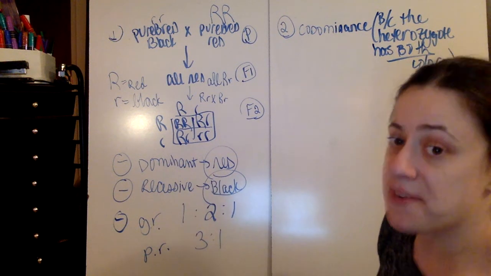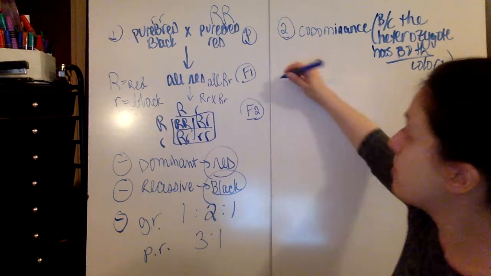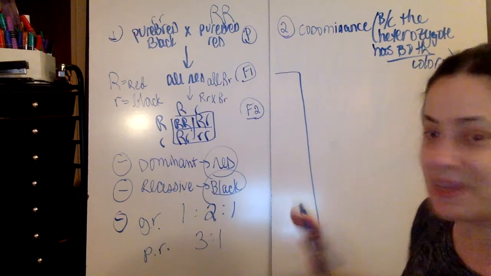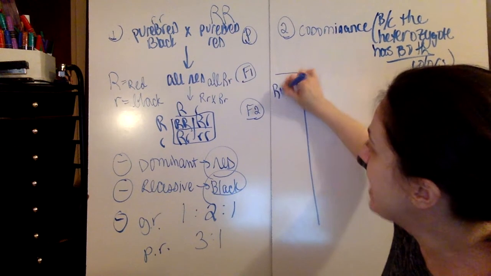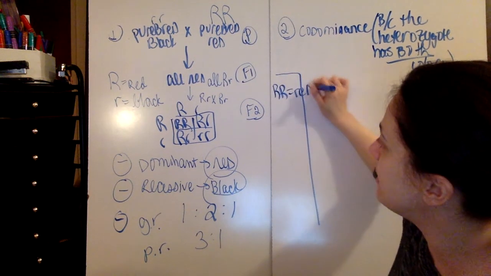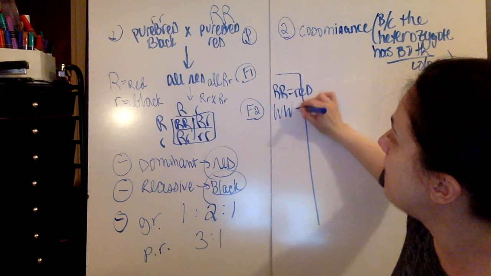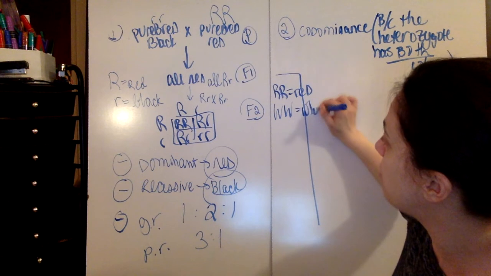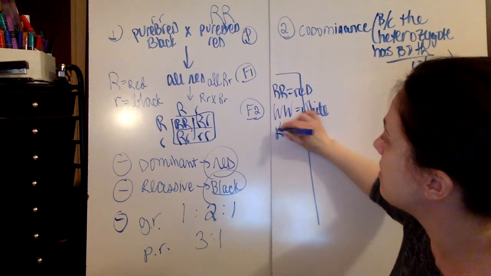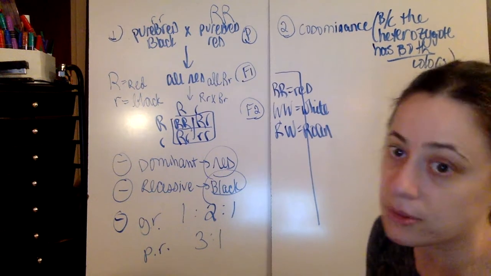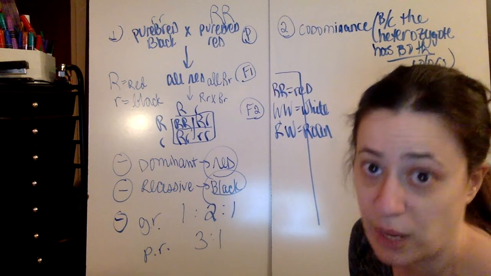When we were talking about the horses, we said that 2 red alleles correlated with the red horse, 2 W alleles correlated with a white horse, but RW correlated with the horse we call a roan, because it has both red hairs and white hairs.